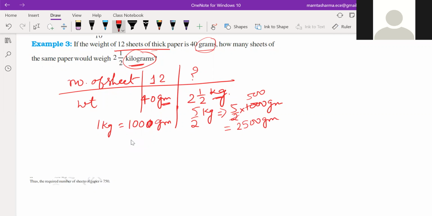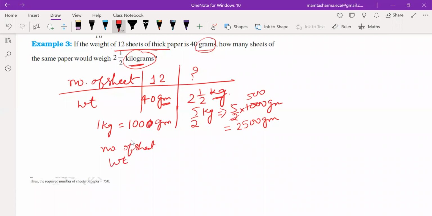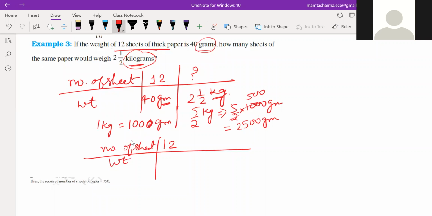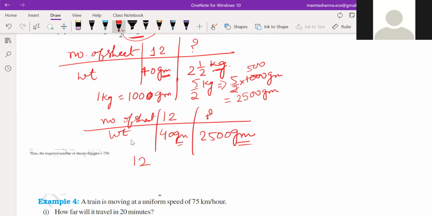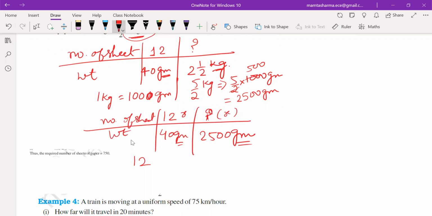Okay. So now you can again make the table. Number of sheets, weight. Now all the units are the same: 40 gram and here also 2500 gram. All units are in gram. Now you can take their ratio. Let's say this is X1, Y1, this is X2, Y2. You have to find out X2.